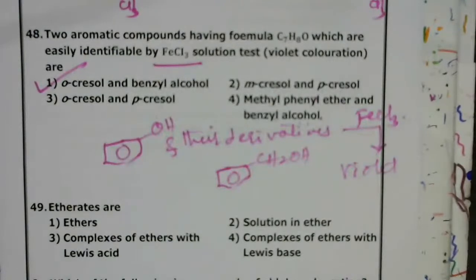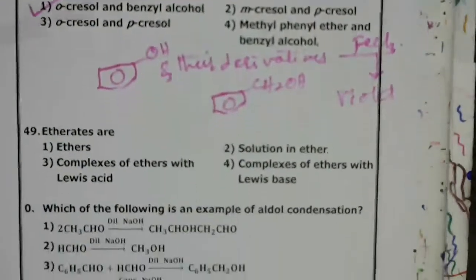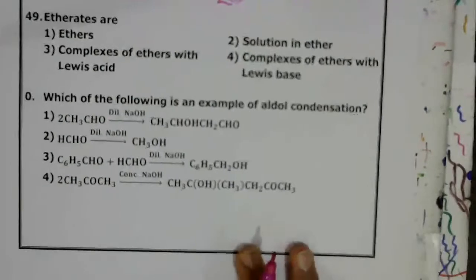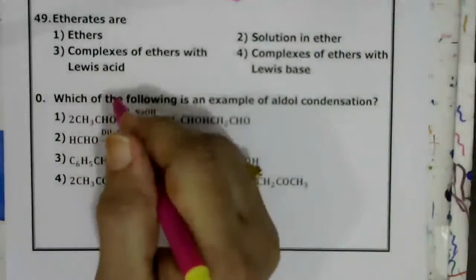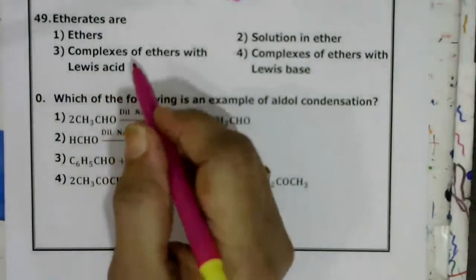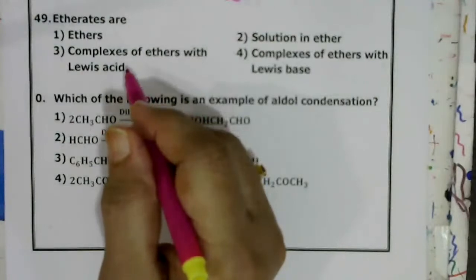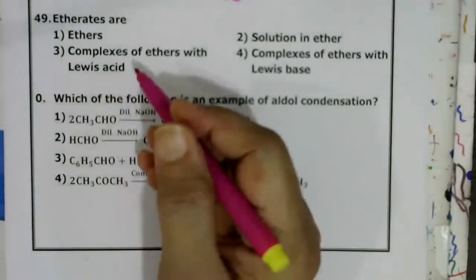Next question. Question number 49. What they said is that etherates are the complexes of ether with Lewis acid. Why with Lewis acid?